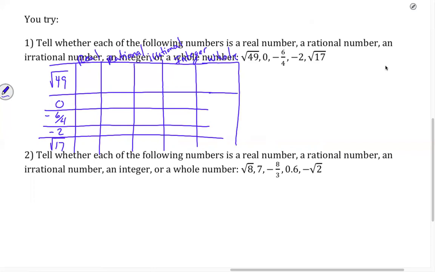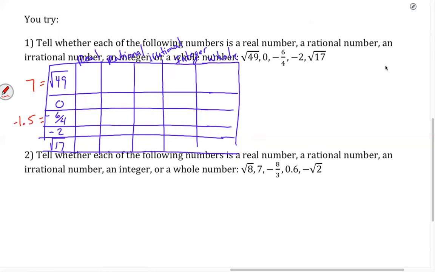So I kind of made a table just like above. So the square root of 49 is 7. I'm sorry if I'm going a little fast, but I want to get done the last problem before the end. 0, 0, negative 6/4, well, we can leave it like that, or we can also deal with it as negative 1.5.